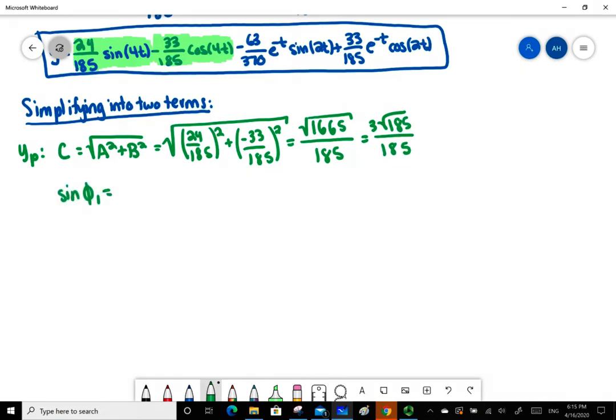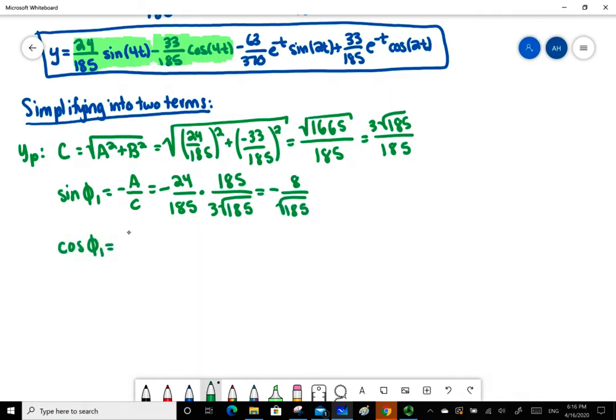The sine of phi1 is negative a over c, which equals negative 24 over 185 times 185 over 3 square root of 185, which equals negative 8 over the square root of 185.